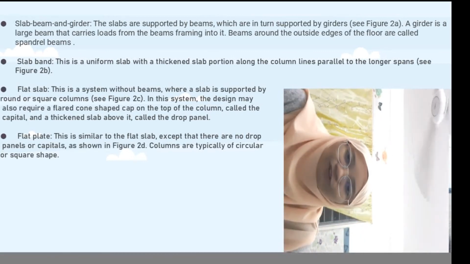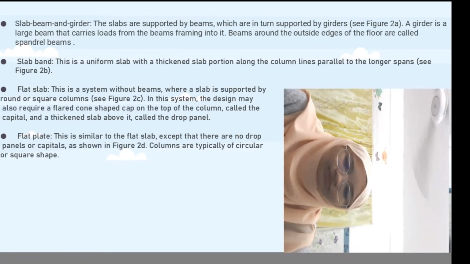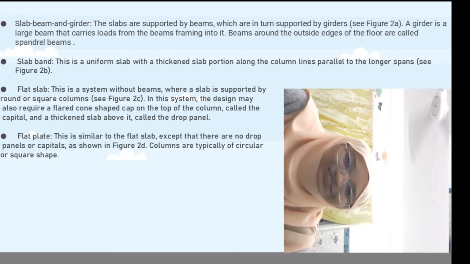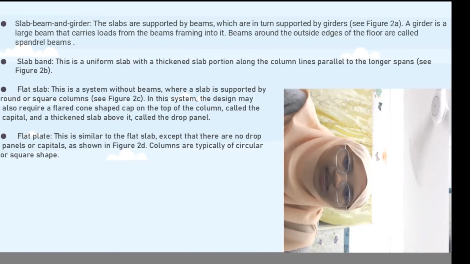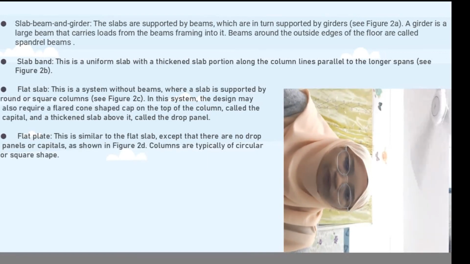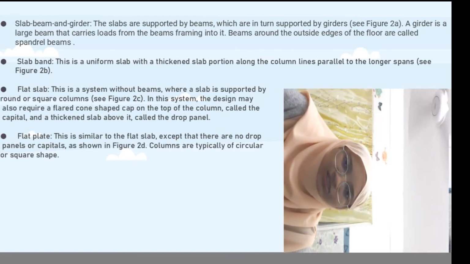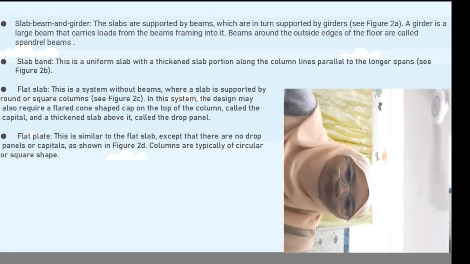Number 4. Flat plate. This is similar to the flat slab, except that there are no drop panels or capitals, as shown in figure 2d. Columns are typically of circular or square shape.